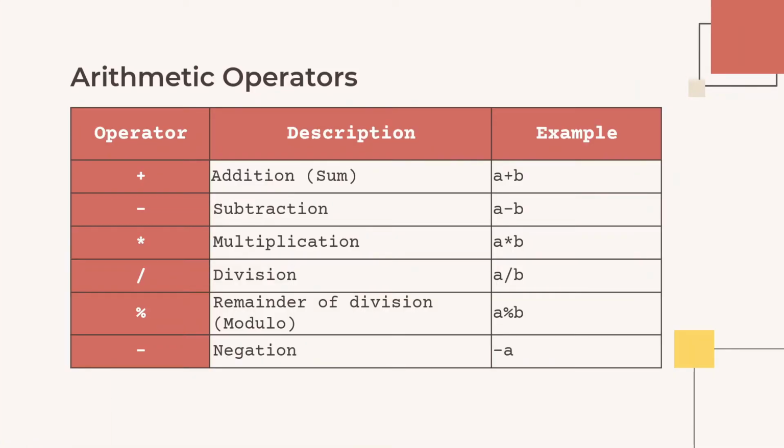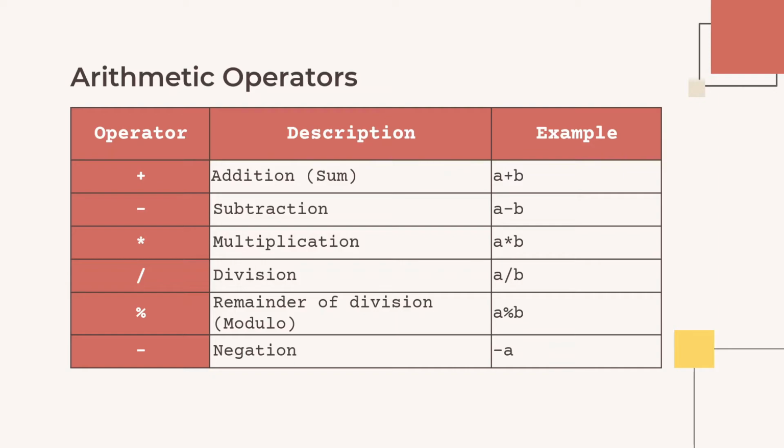First is arithmetic operators. The arithmetic operators can be used for addition, subtraction, multiplication, division, remainder of division or modulo, and negation. And you can see the operator plus for addition, minus for subtraction, star for multiplication, slash for division, and percent for the remainder of division between two numbers, or modulo.